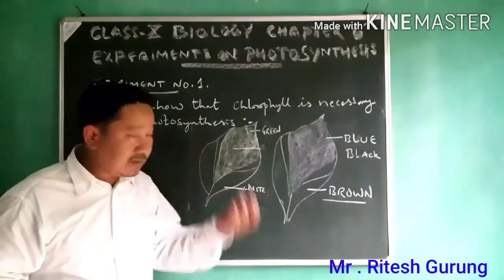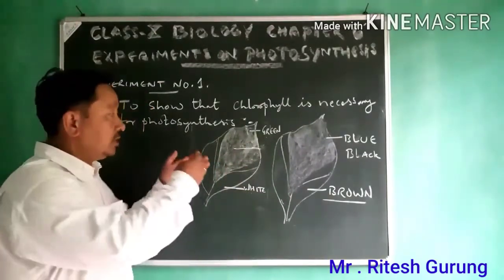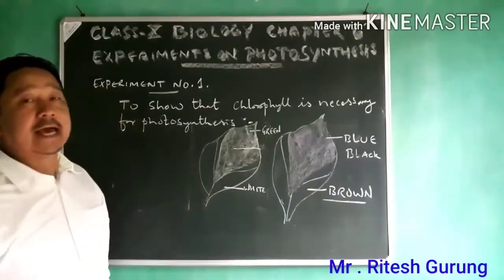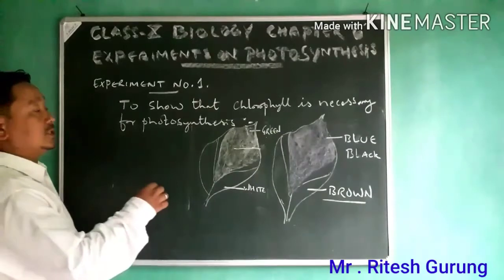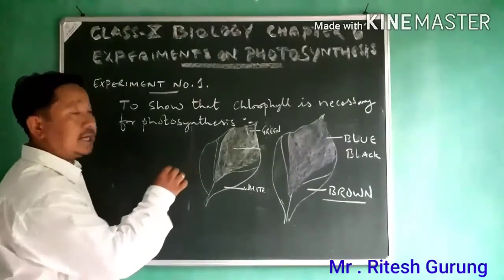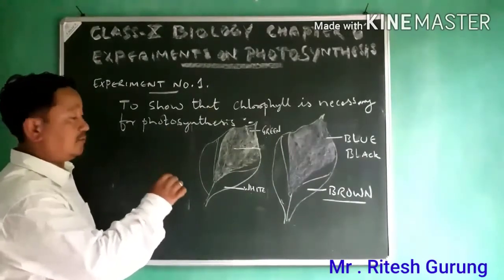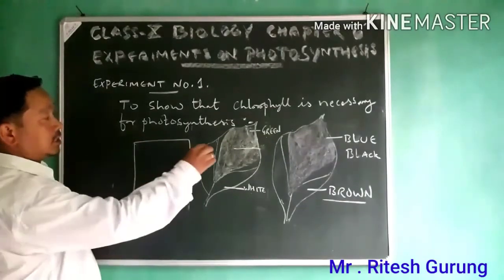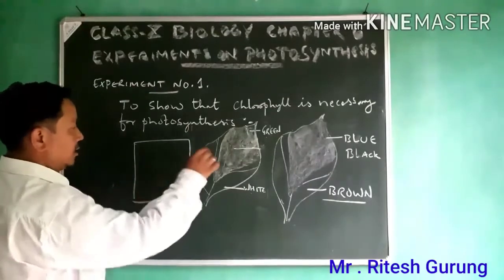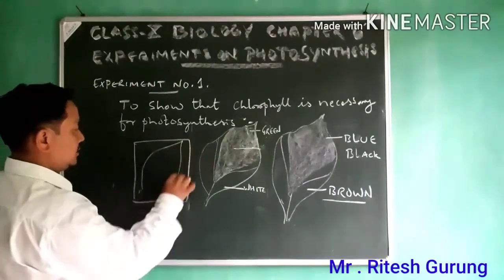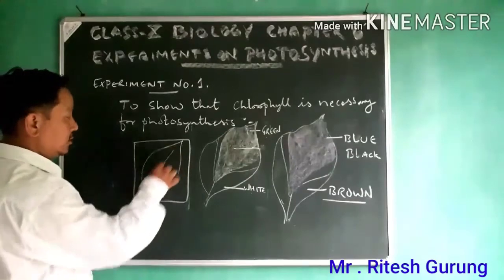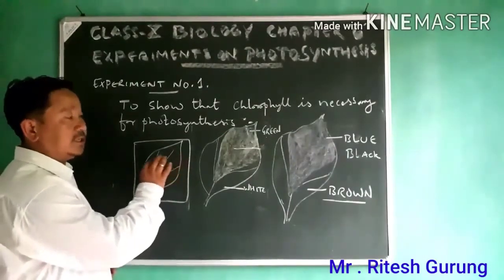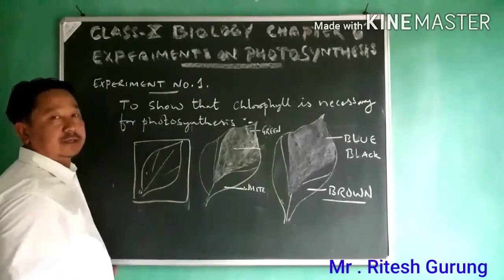After some hours, you take one leaf from there, and now you draw an outline of this leaf on a paper, and mark the different colored regions.